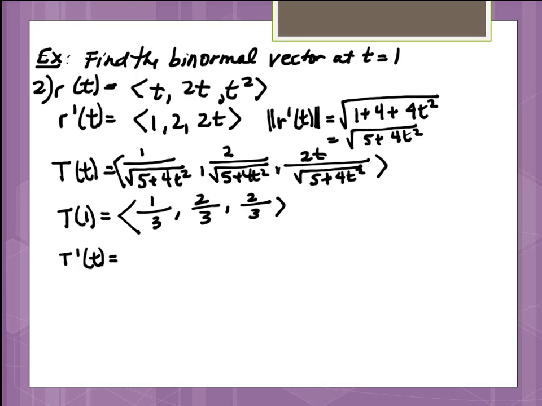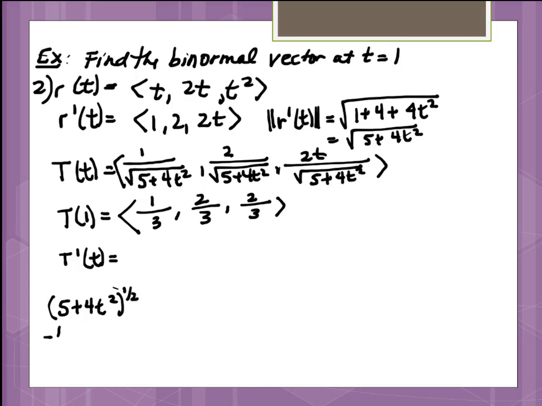And that works pretty well. Let me just jot down a little bit of the details on that just to remind you, and then I'll erase them to save a little bit of space. But this is, in essence, 5 plus 4t squared to the -1/2 already.